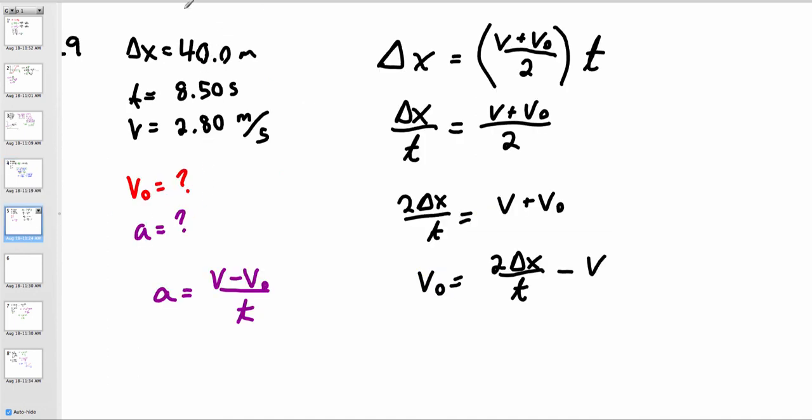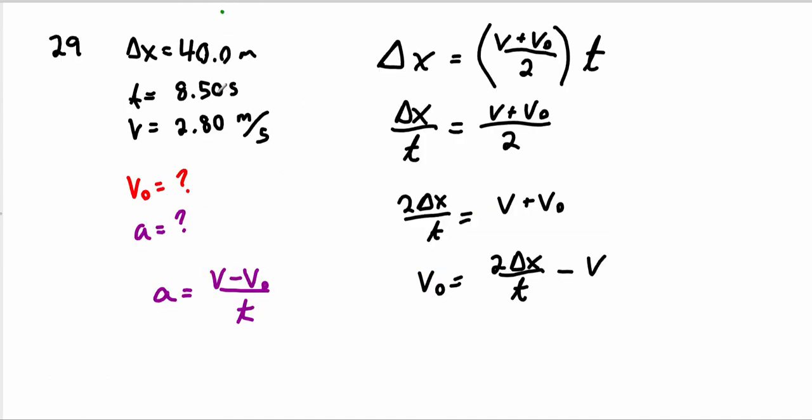Alright, let's look at number 29. So 29 is pretty straightforward. Oh, well, 29, there's actually something that's tricky. On the formula sheet, there are only 3 kinematic equations. But there's really a 4th kinematic equation, which uses the average velocity.